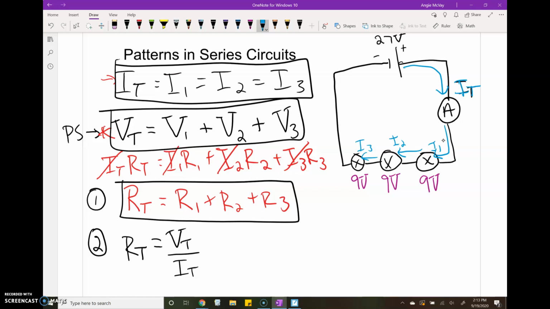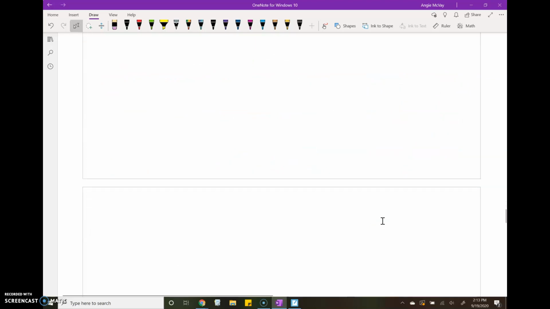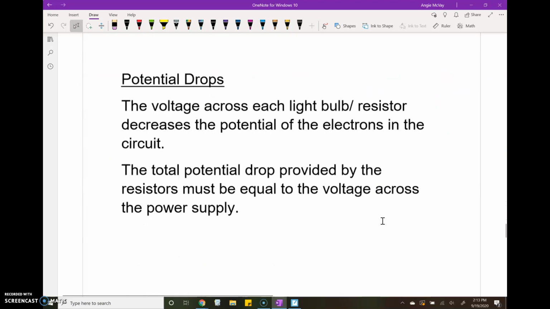Okay, now what about voltage? I want to give you a little bit of information here. Voltage provides what's called a potential drop, right? The voltage across each light bulb or resistor decreases the potential of the electrons in the circuit.